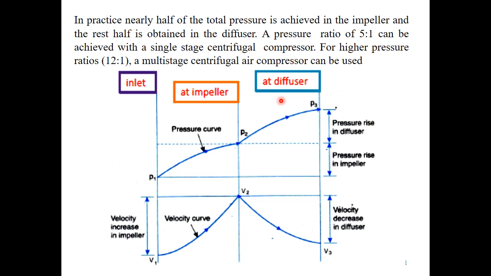The air coming out of the impeller passes through the diffuser, and once the air passes through the diffuser, the pressure further increases from P2 to P3, but the velocity decreases from V2 to V3. So as the air passes through the impeller, pressure and velocity both increase, and as the air passes through the diffuser, pressure increases but velocity decreases.